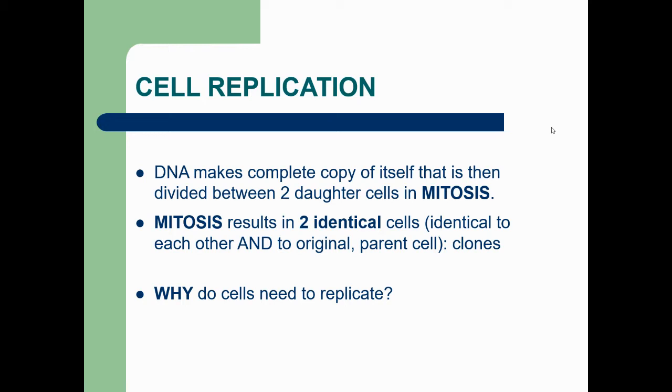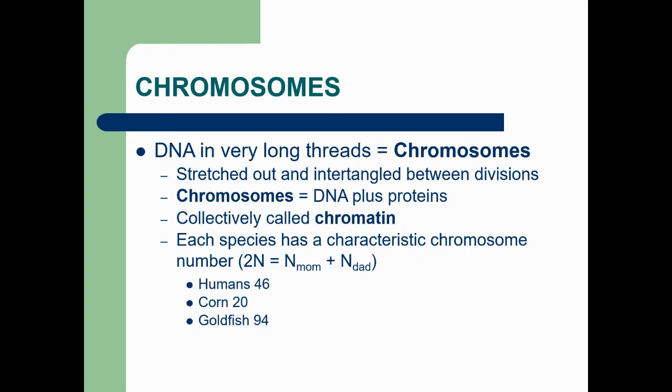So that DNA making a complete copy of itself, here is our first bullet point. Let's take a look at our DNA. In eukaryotes, our DNA is arranged as chromosomes. These are very long threads of DNA. In between, when our cells are just doing their job, they're just these very big, long, stretched out threads.